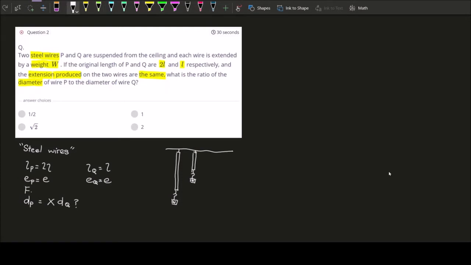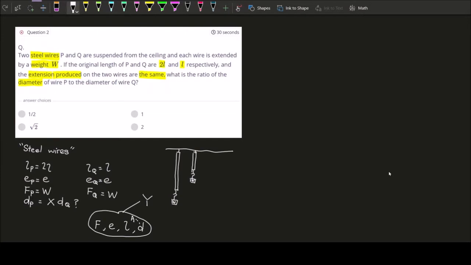The weight on P is equal to W, and the weight on Q is also equal to W. So if you want to relate F, E, L and diameter, how do you relate all these things? You relate all of them by using Young's modulus. Of course, diameter will need to be changed to cross-sectional area, but link them using Young's modulus.